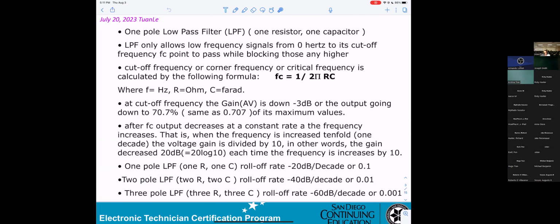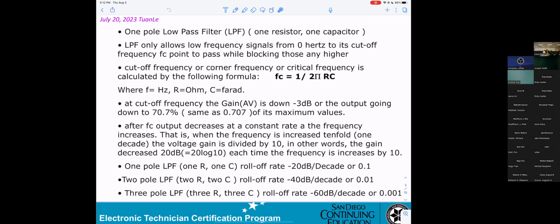That means at that frequency, the output will be going down minus 3 dB or equivalent to 0.707.